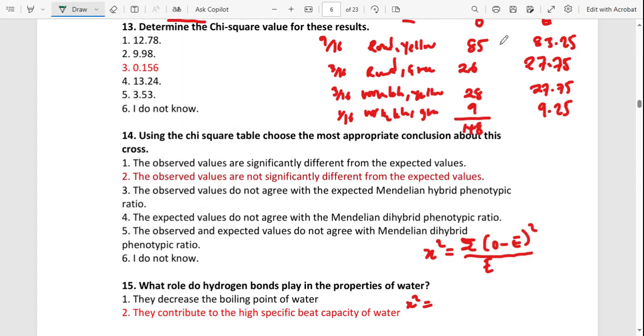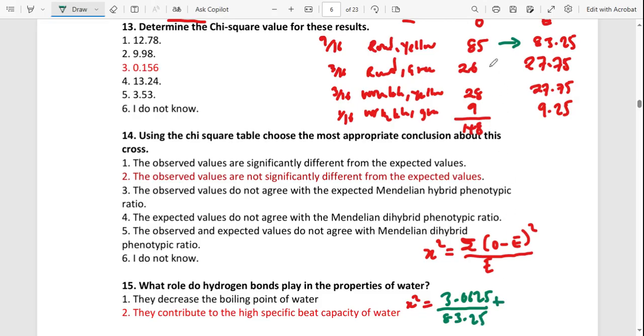Chi-squared is going to be, first, get the observed, which is 85, subtract the expected, which is 83.25. The answer that you get, square it. So it has given me 3.0625. Remember, you're supposed to divide that by the expected. The expected is 83.25.